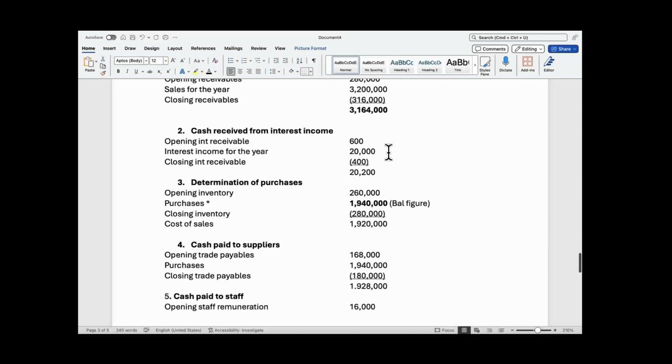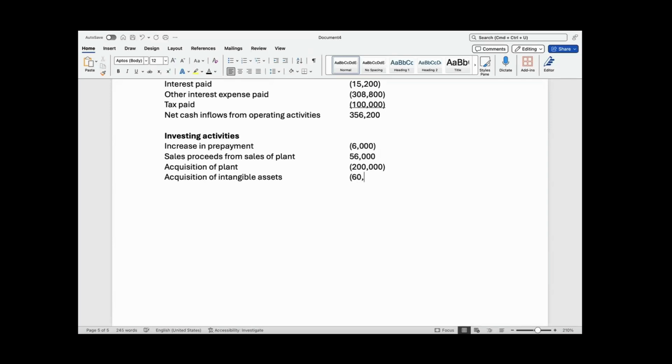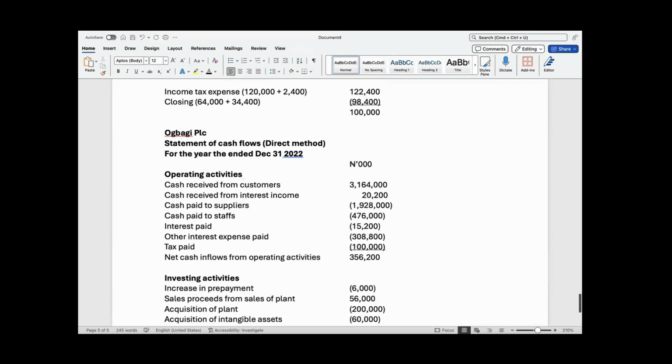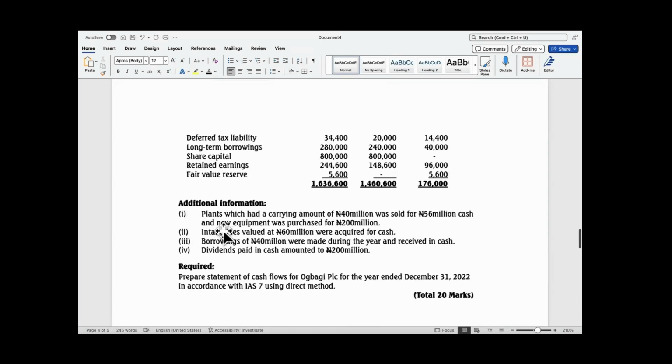So I have acquisition of intangible asset, and it is 60,000. And I think they gave me in note 2 that the intangibles valued at 60 million were acquired for cash. Okay, good.